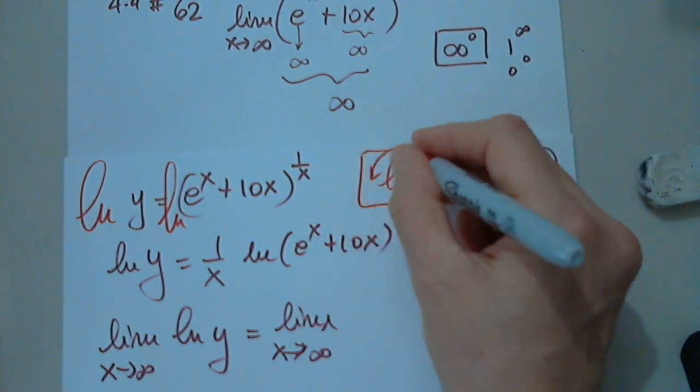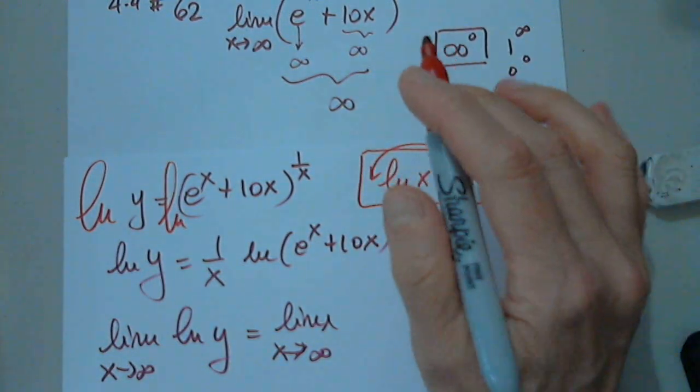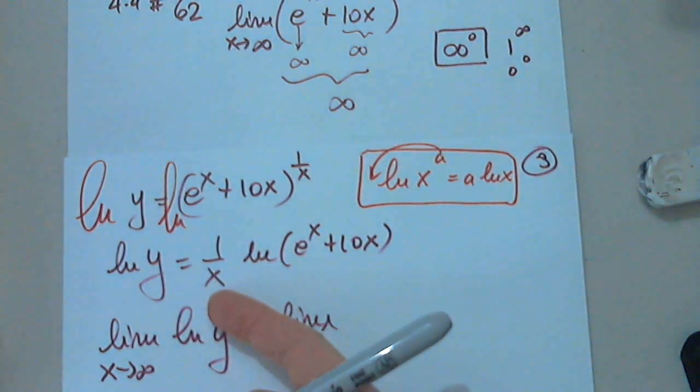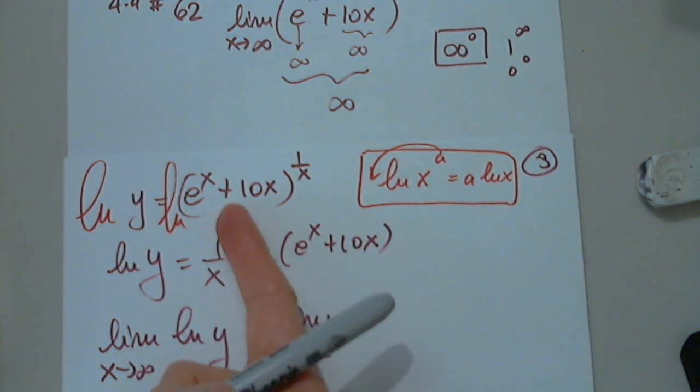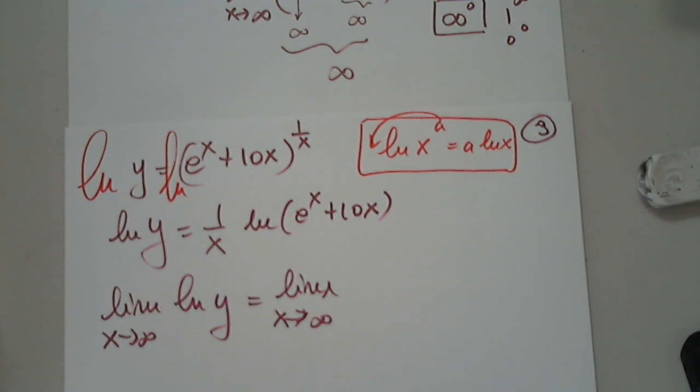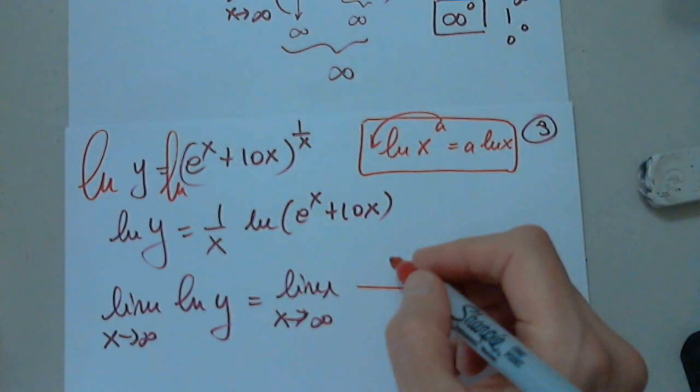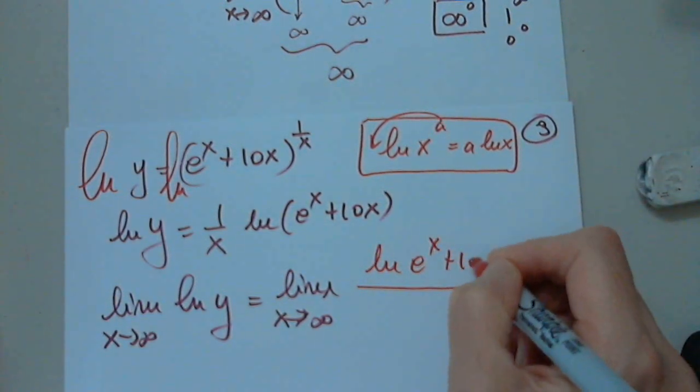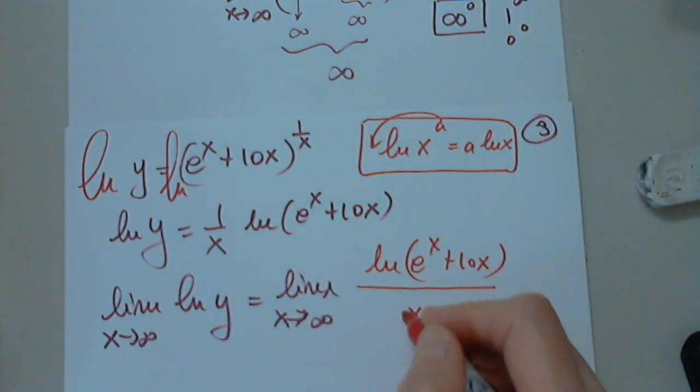This is the property. Okay, thank you. Sure. So then we put 1 over x in front and then natural log of all this. So now here I have natural log of e to the x plus 10x divided by x.